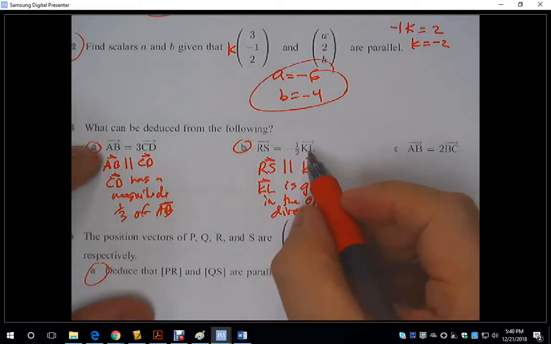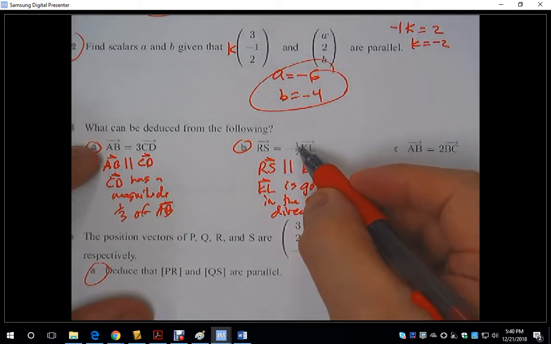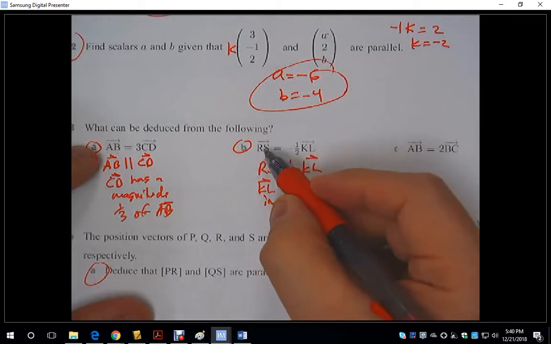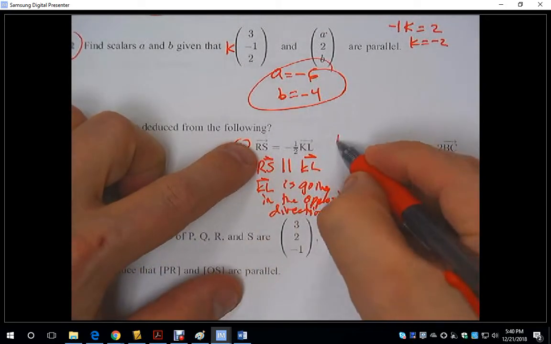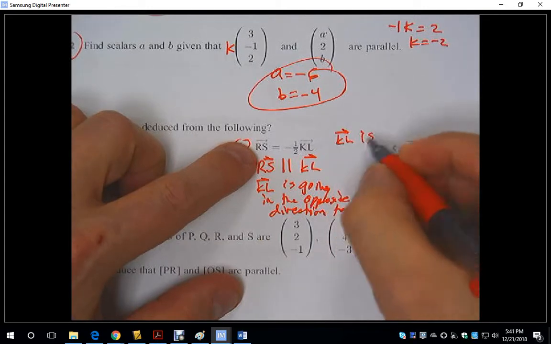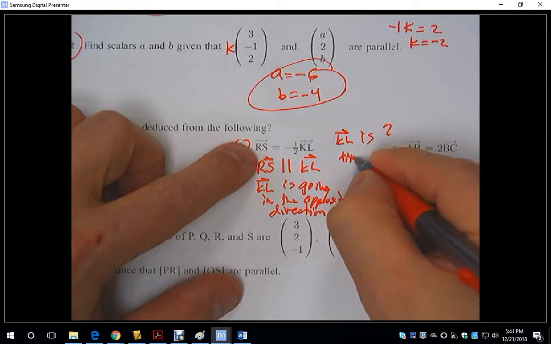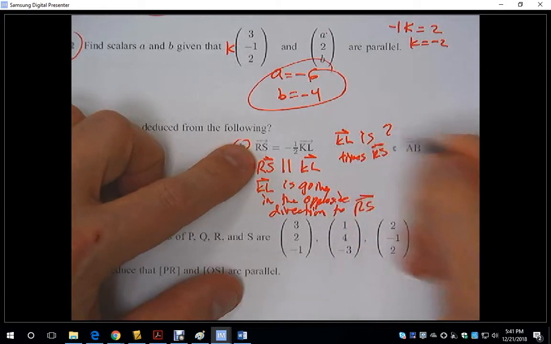And then we also know if I'm multiplying some vector here by 1/2, then it means that this vector KL is twice the size of RS. KL is 2 times RS.